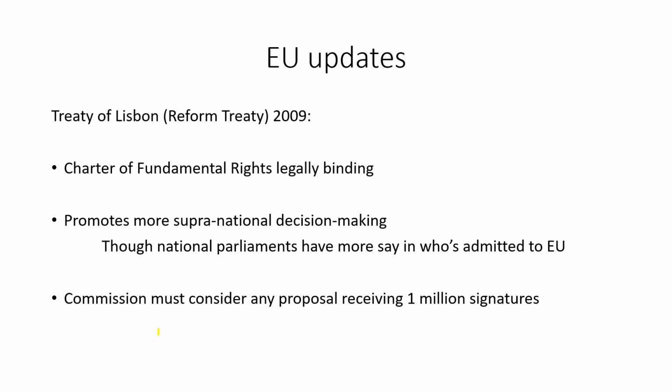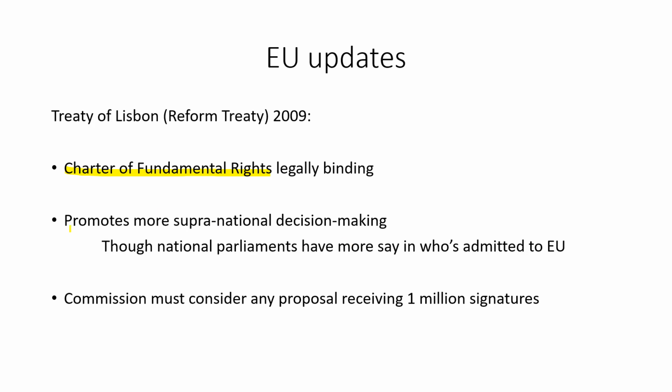The Treaty of Lisbon in 2009 tried to make a few changes, whereas the Charter of Fundamental Rights, which is similar to the UN's Declaration of Human Rights, they wanted to make that legally binding, and that would serve as its constitution.